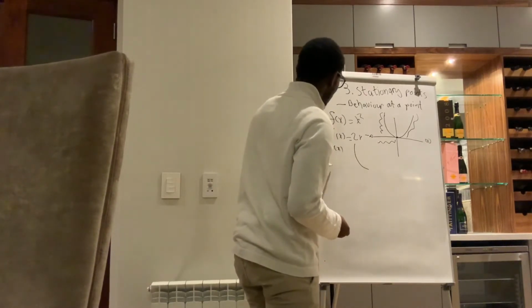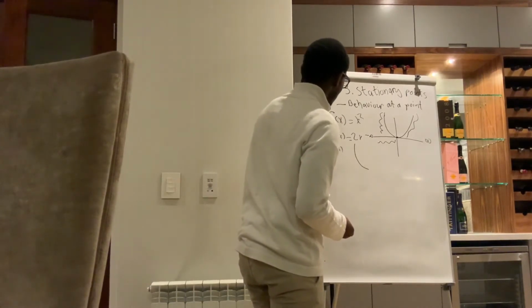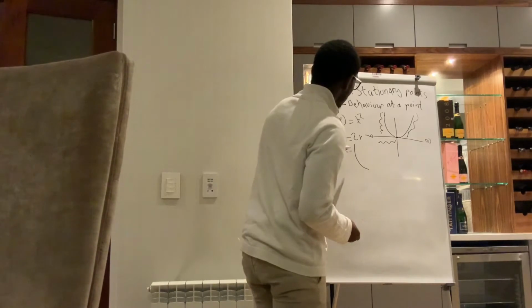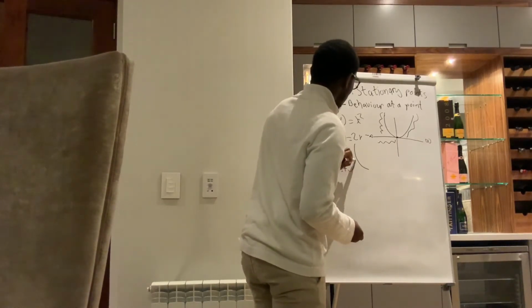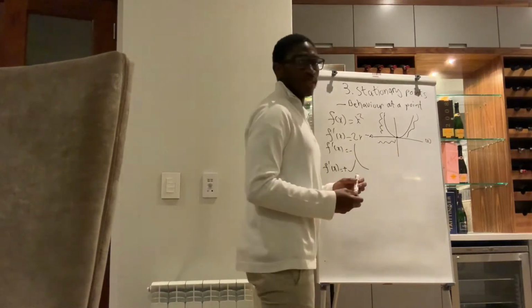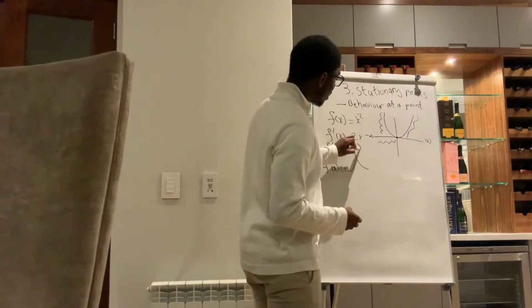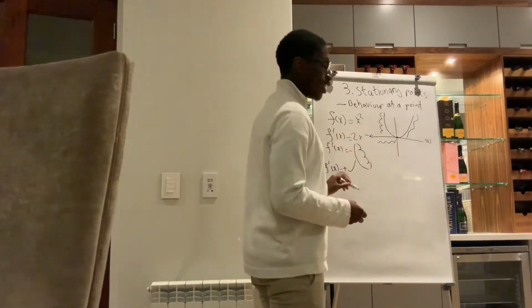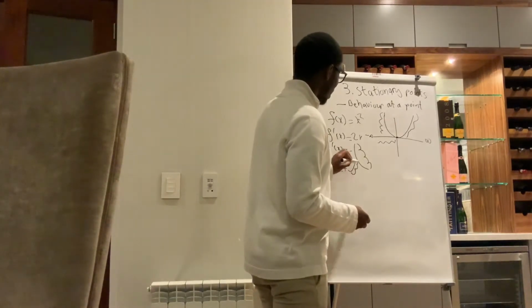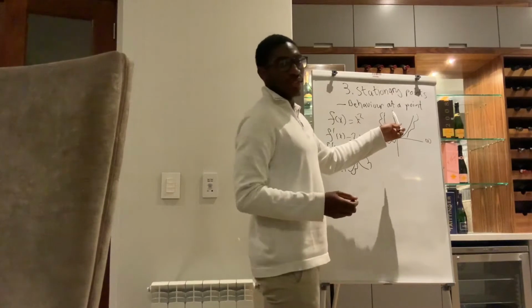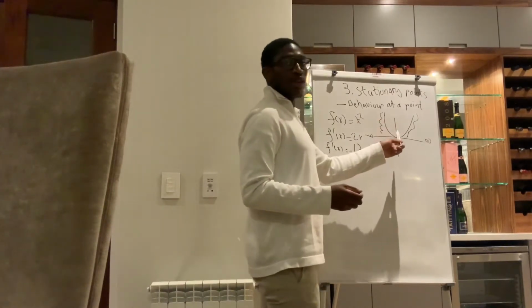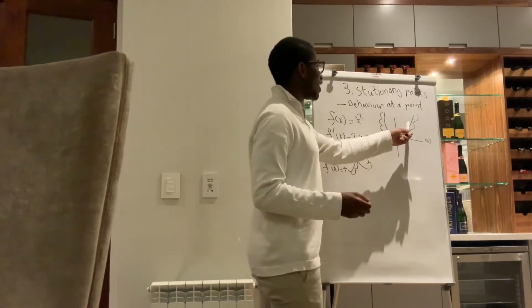And at all the points where the derivative of the function is positive, the function is doing this. So clearly here we can see the function is decreasing, and here we can see the function is increasing. So what that tells us is when we've got a negative derivative, the function is decreasing. If we've got a positive derivative, the function is increasing.